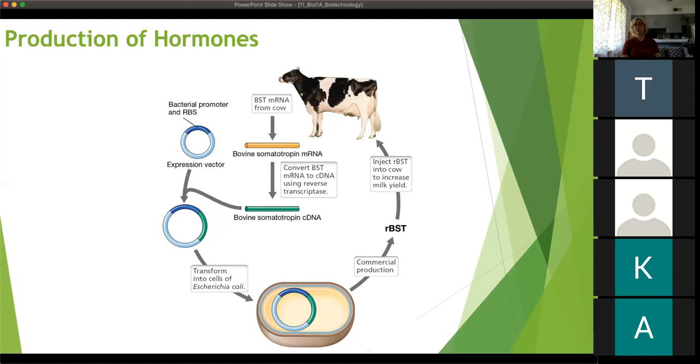So when you buy milk and it says hormone free, they're basically saying that this process did not happen to the cow. So they did not inject the hormone into the cow. So that's how you get your organic, antibiotic free, hormone free. That's what they're talking about.